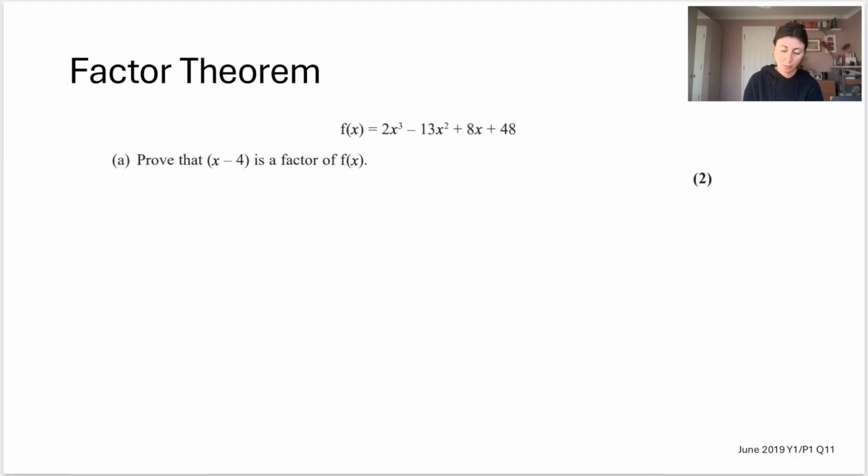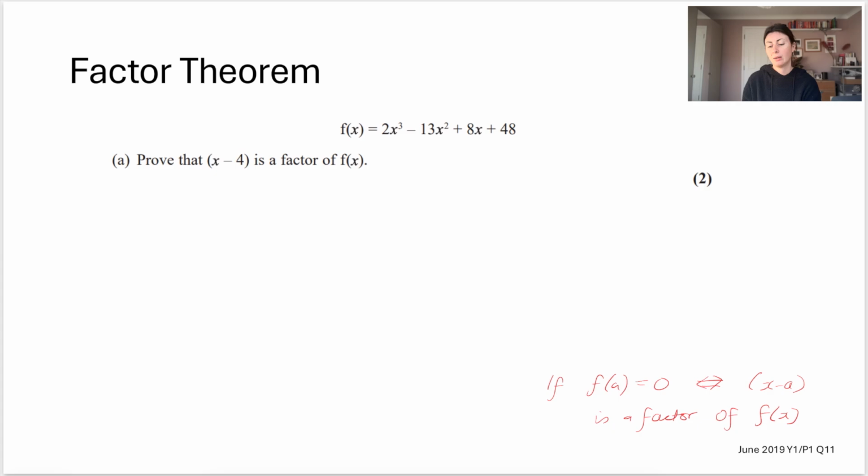So looking at a question like this with your students and introducing them to or reminding them about the factor theorem. So we've got the factor theorem. You can kind of read it both ways, can't you?